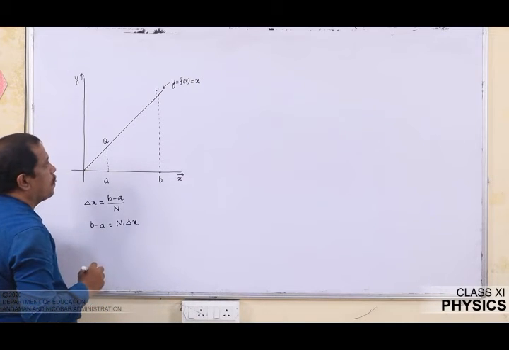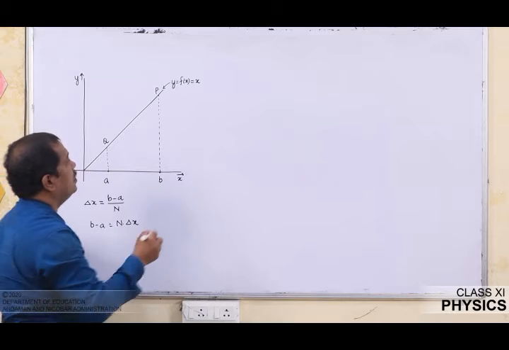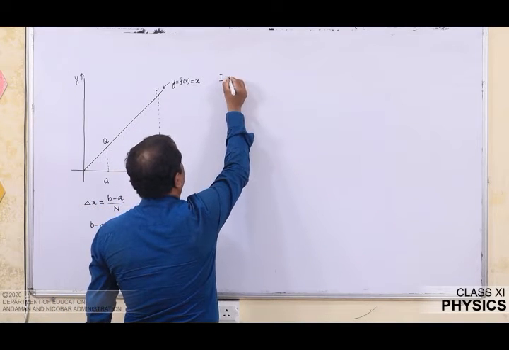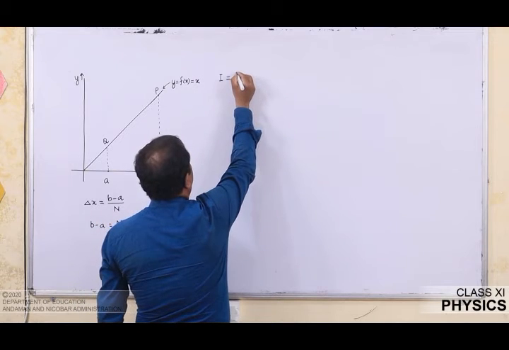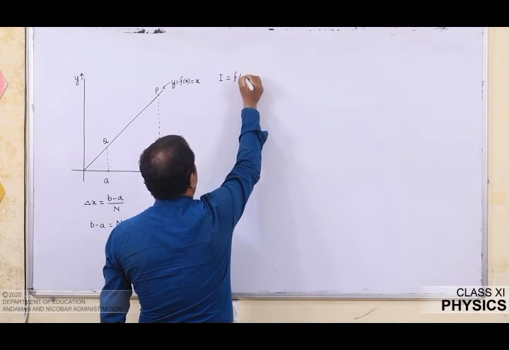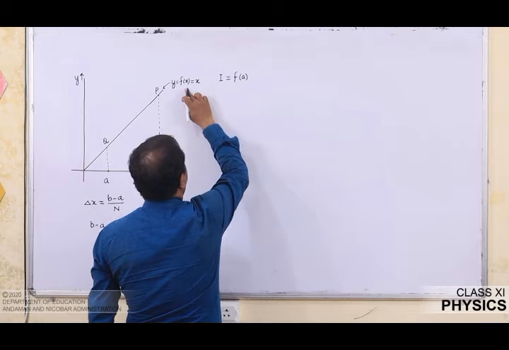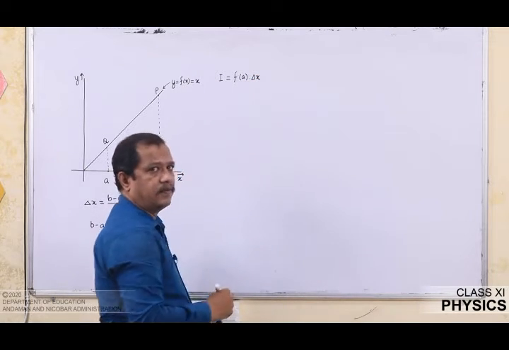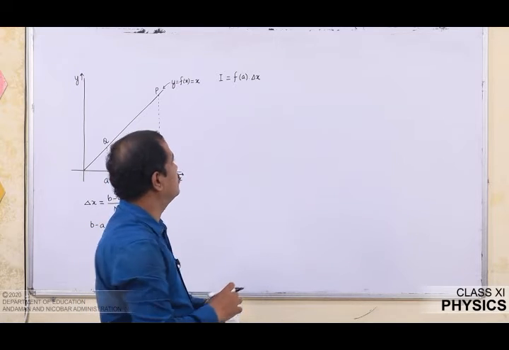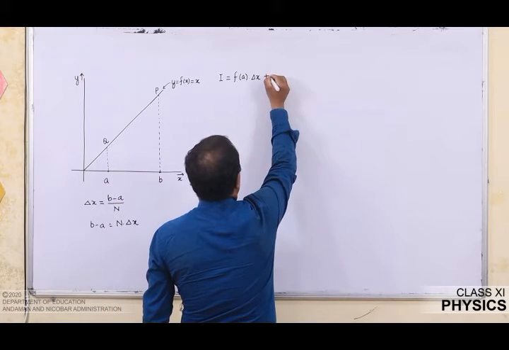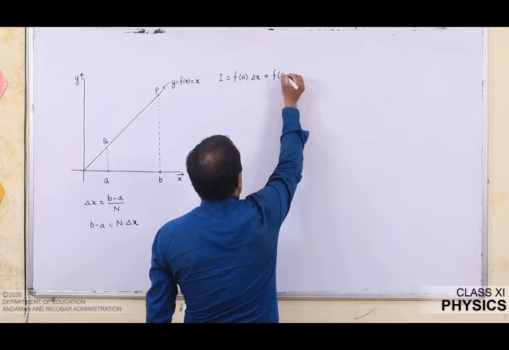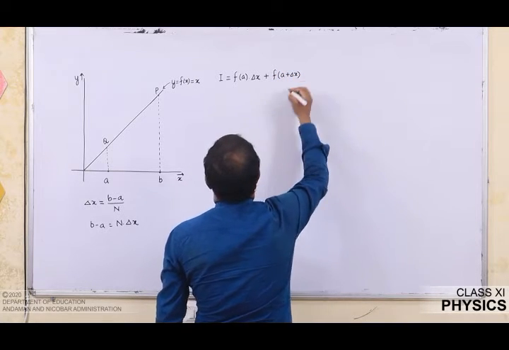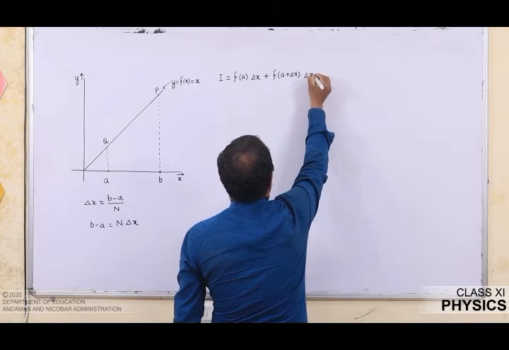Second, I have seen that in the area calculation, I say area of trapezium I is equal to, I know that when I divide, this will be f of a times del x, plus for the second strip f of a plus del x times del x.